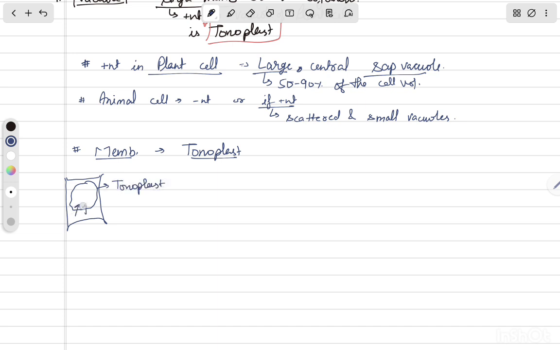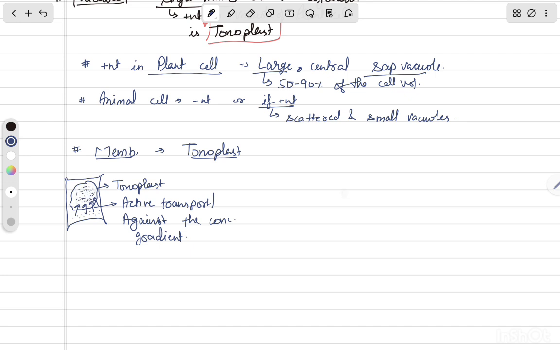Solute will move from cytoplasm into the vacuole, and this movement is active transport, or we can say against the concentration gradient. Now, why is the movement against the concentration gradient? Since in cytoplasm solute particles are less and in vacuole solute particles are more, because vacuole is the sap vacuole.